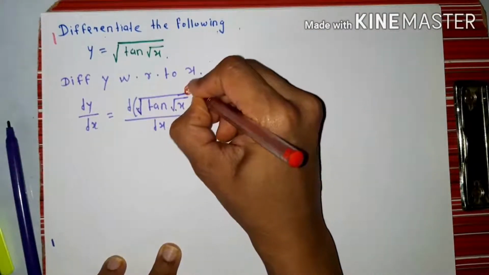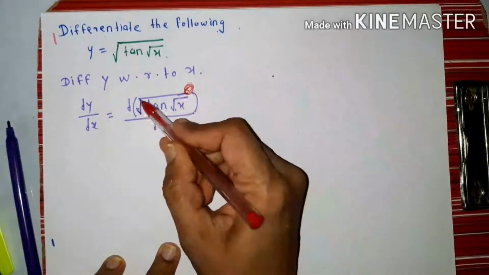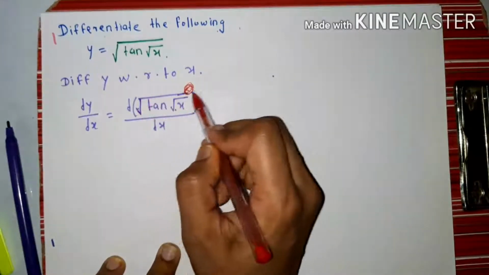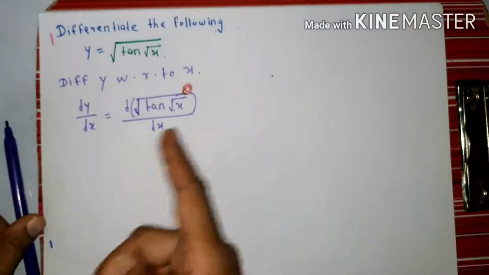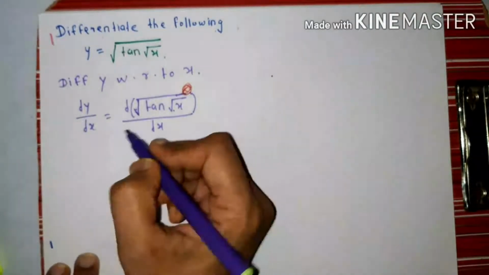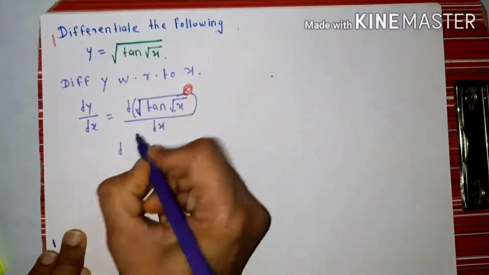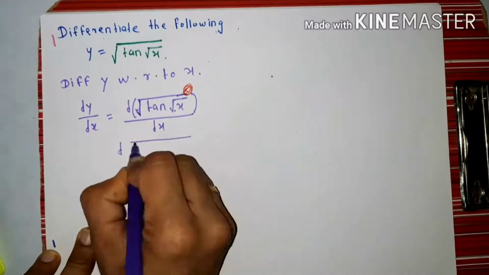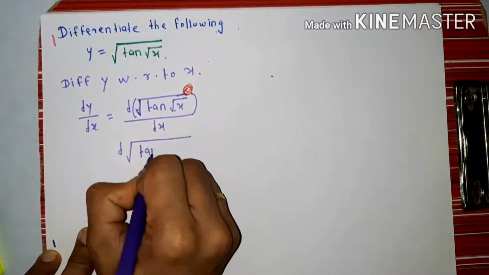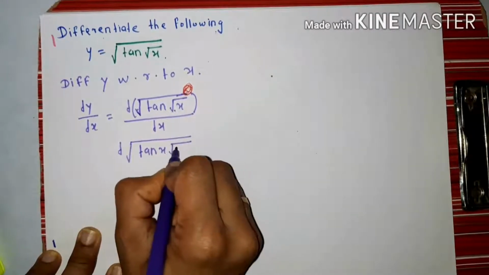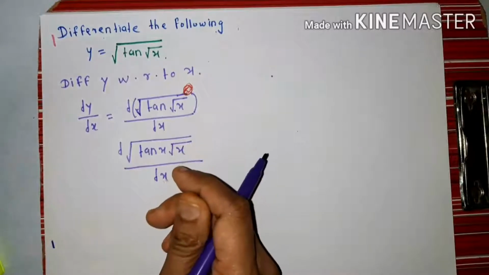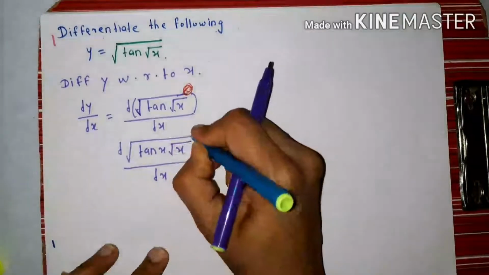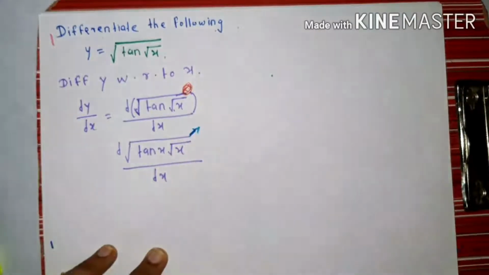The outermost function is the square root function, and that's why first we have to differentiate by using the square root property, and therefore this is the differentiation of square root of tan of root x with respect to x, and we have to differentiate this root x function.